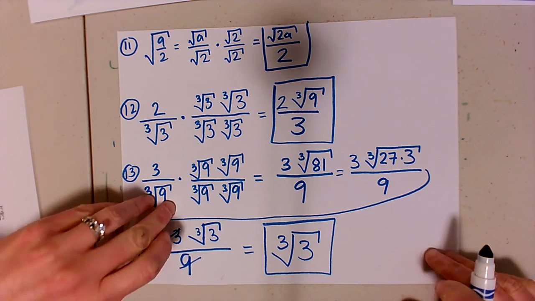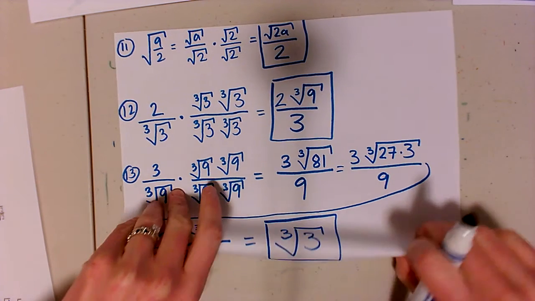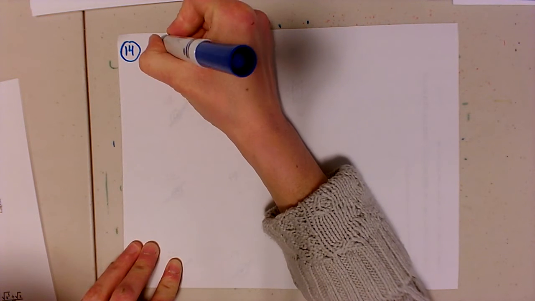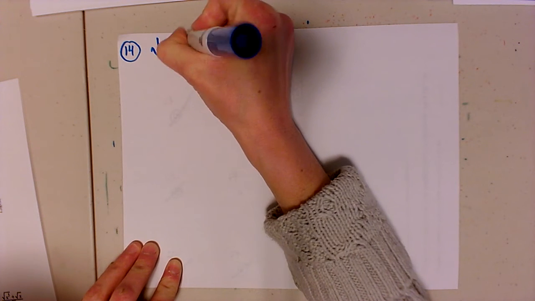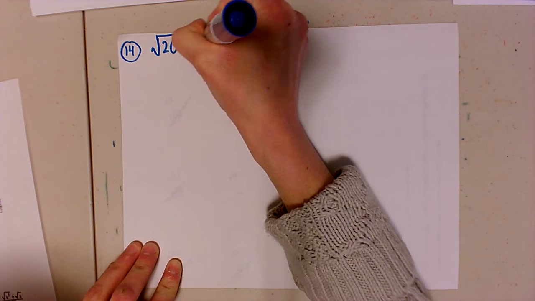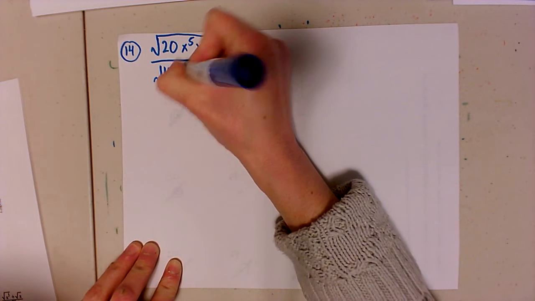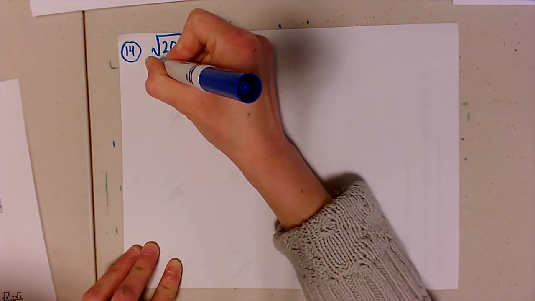Okay, so let's go on to 14. So for number 14, we have root 20 x to the 5th y over root 40 x squared y squared.